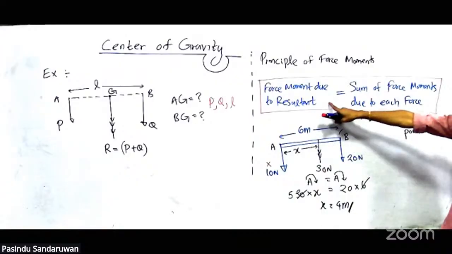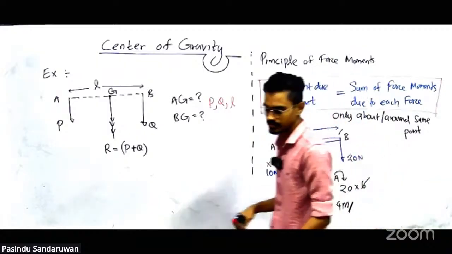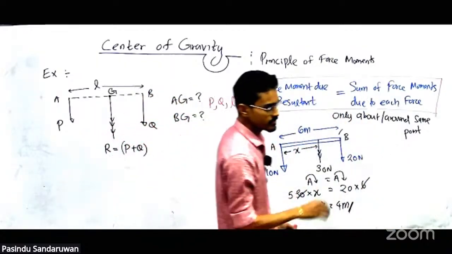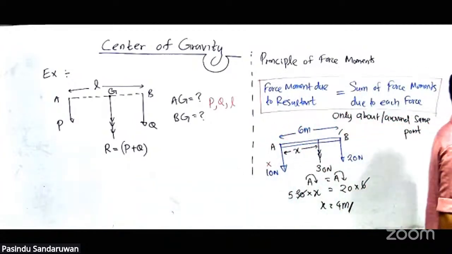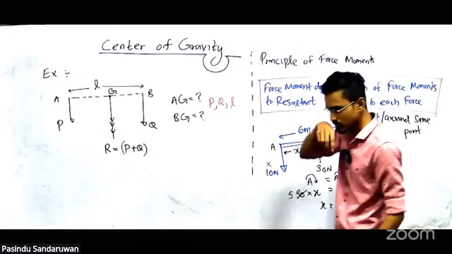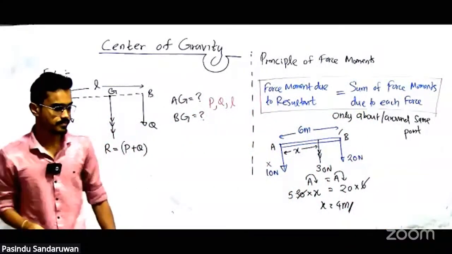Force moment due to resultant equals sum of force moments due to each force about the same point. Any answers?